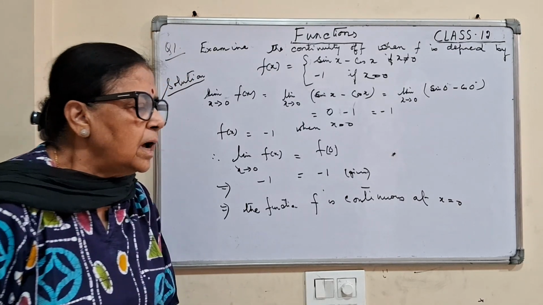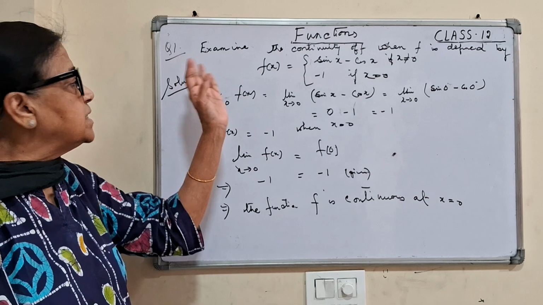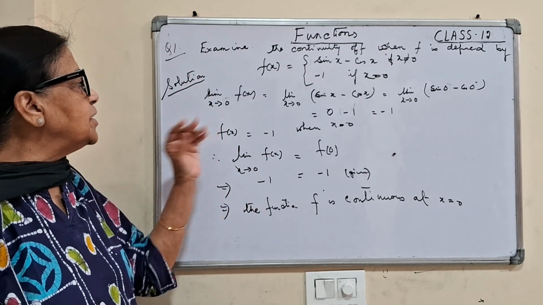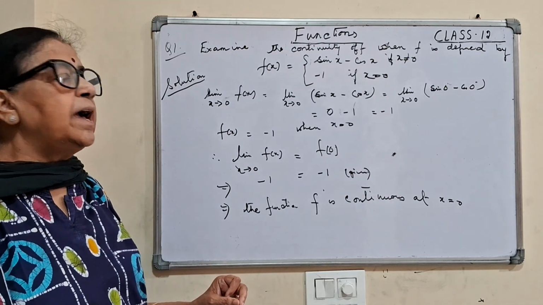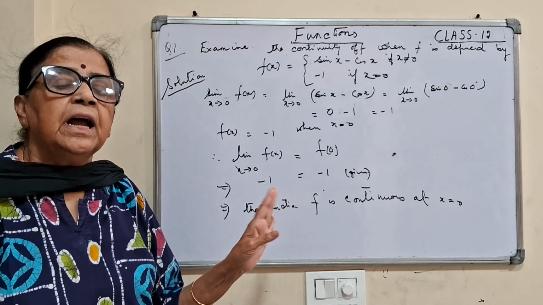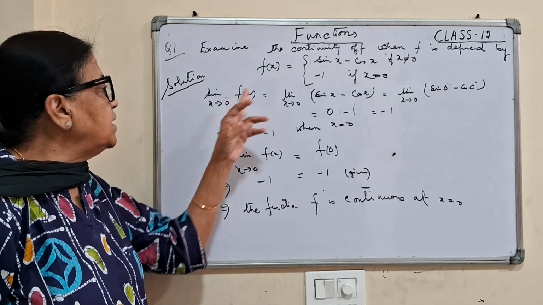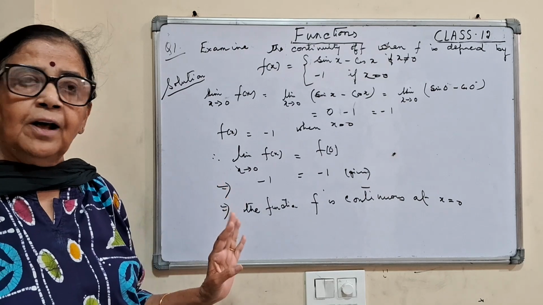Okay, and let me explain it once again. Examine the continuity of the function f(x) is equal to sin x minus cos x if x is not equal to 0, that means it is the left hand side and right hand side limits. Then it is minus 1 if x is equal to 0, that is the functional value.